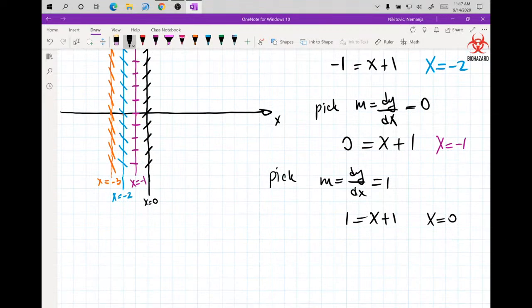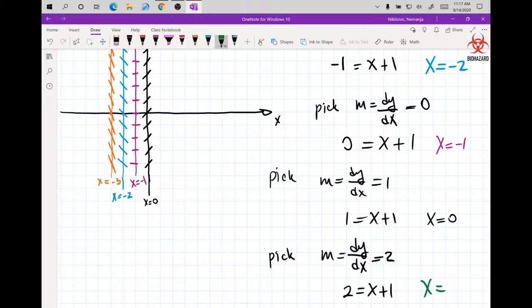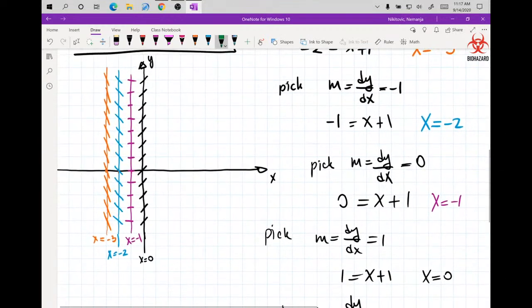And finally, pick m equals dy/dx equals 2, which would be 2 equals x plus 1. And now let's go green, I guess. So x equals 1. So now I'm going to have the line at 1. And that's the x equals 1 isocline.